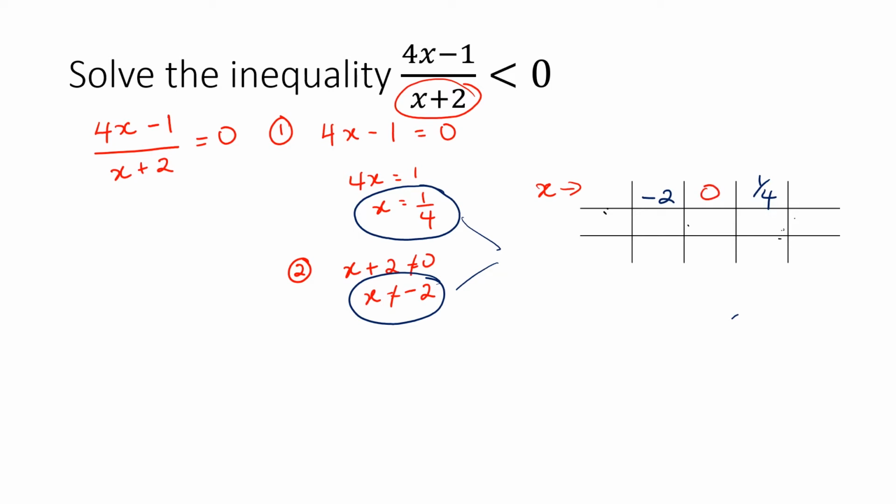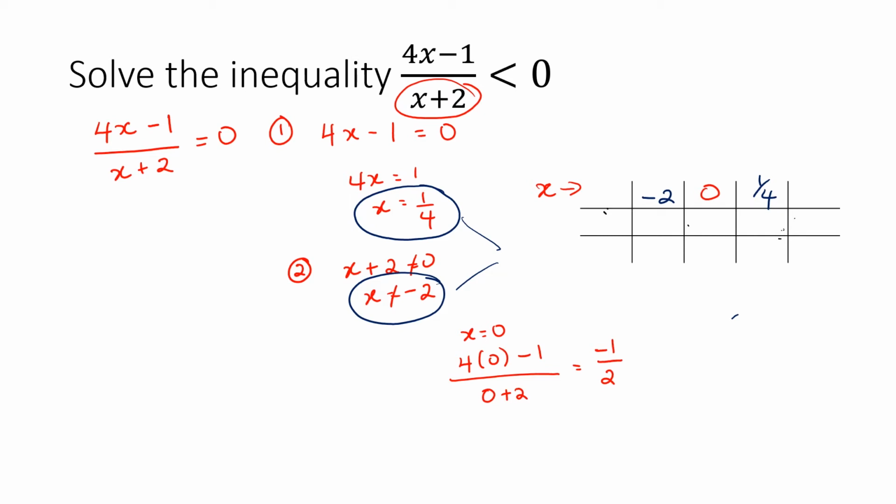Now we check. If I put 0 in this expression, what happens? We say 4 times 0 minus 1 over 0 plus 2. This gives us 0 minus 1 is -1, over 2, so -1/2. Now we ask, is -1/2 less than 0?